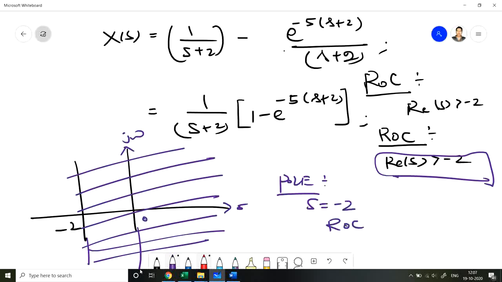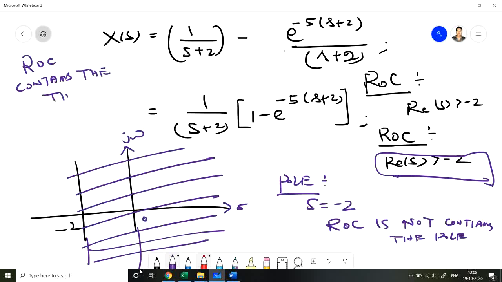So the ROC is not containing the pole. And also we can see that the ROC contains the jω axis. So it is stable, because the ROC is containing the jω axis. So basically it is a stable system.